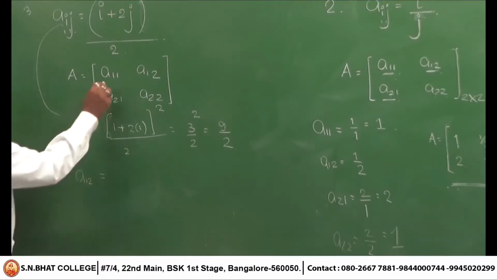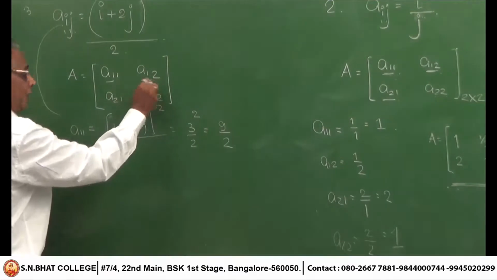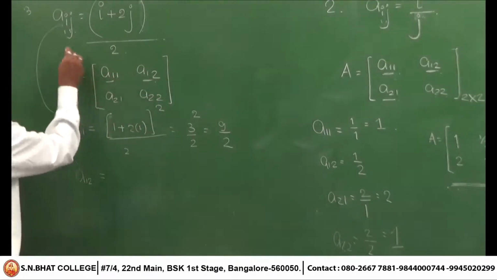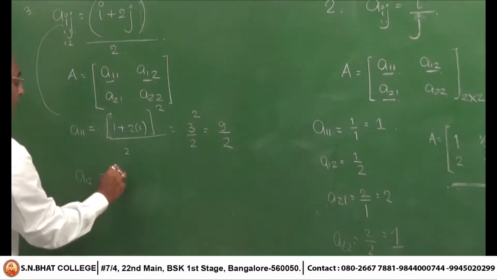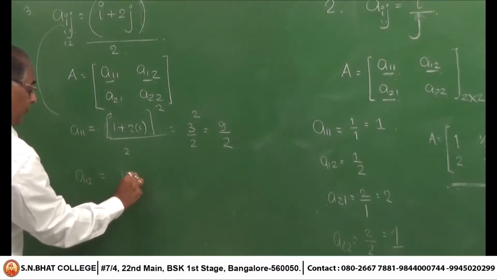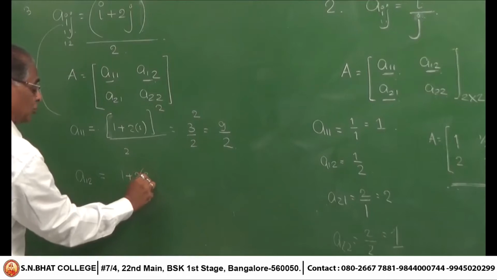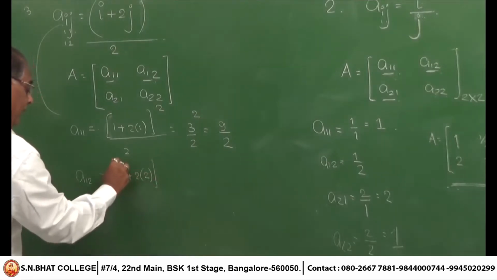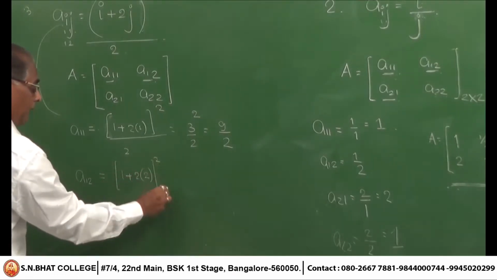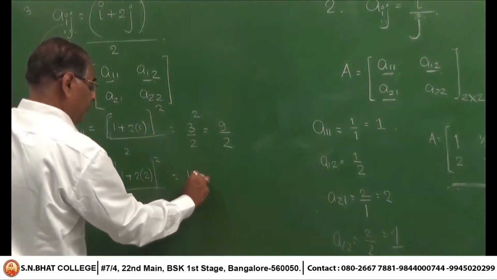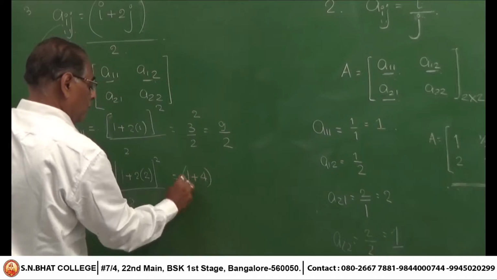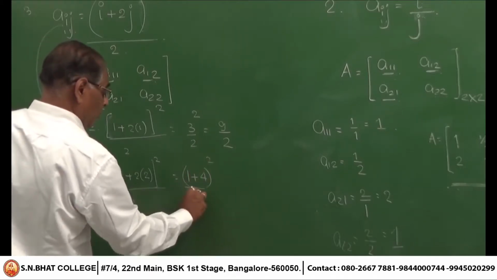I have to calculate the second element A12. Replace i by 1, j by 2. Therefore it becomes (1 plus 2 into 2) whole square by 2. This is (1 plus 4) whole square by 2.